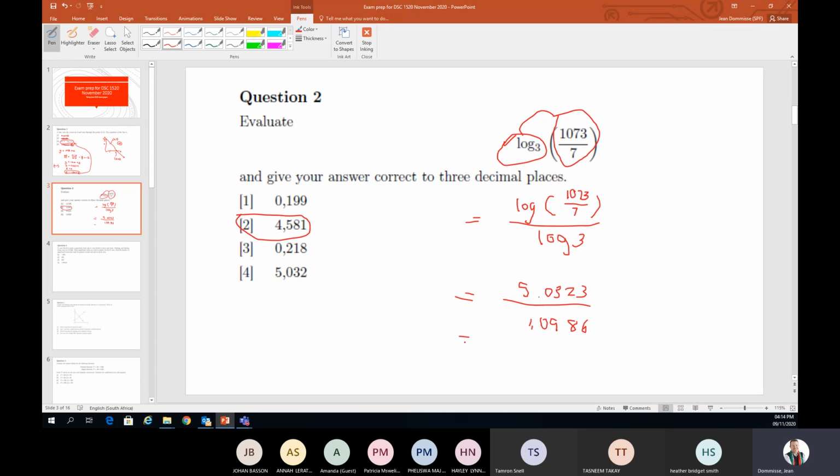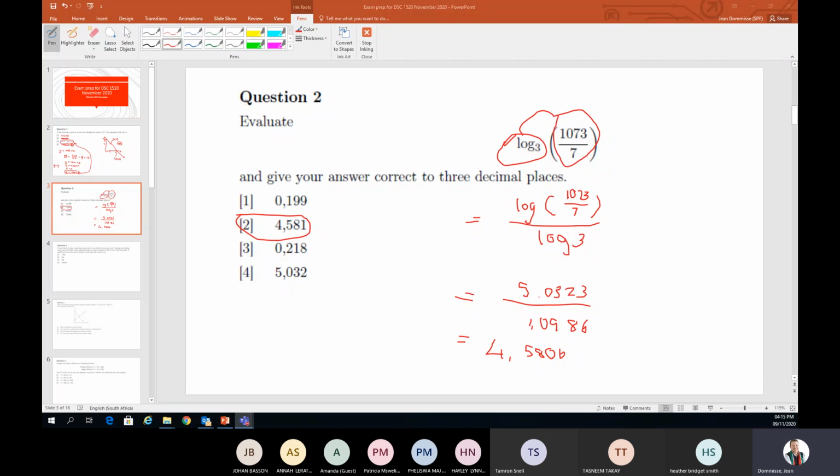So I will get 4,5806. That will be rounded off to 4,581. But basically I used the log rule to work this out.